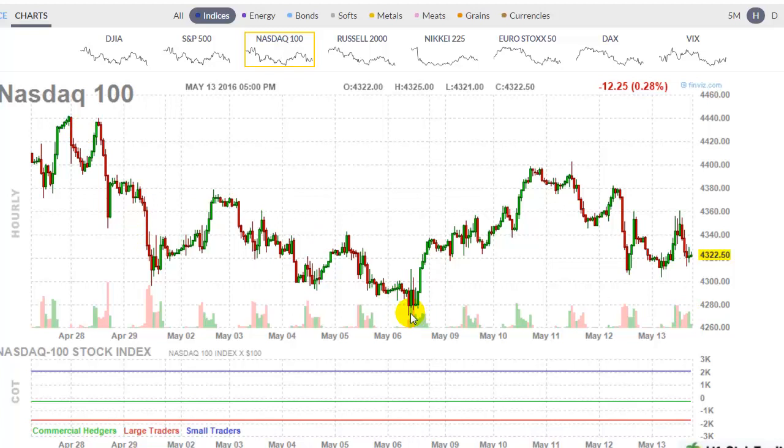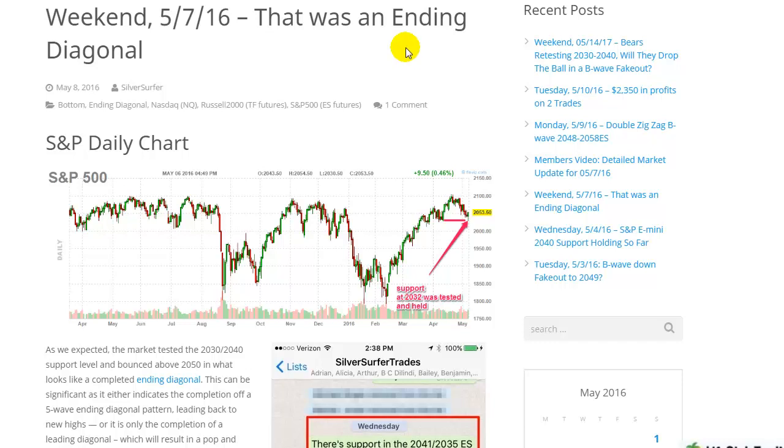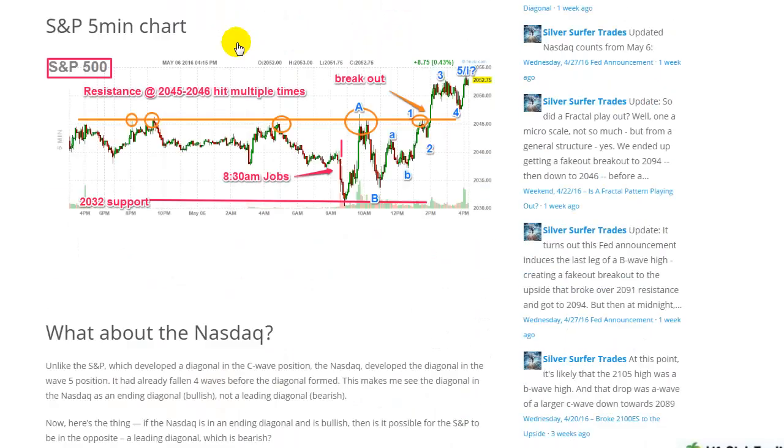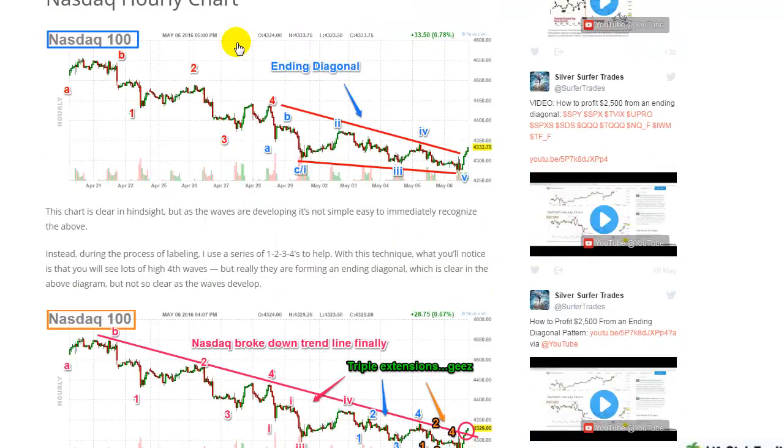It just seems like, because we said that this was an ending diagonal, the market will have a tough time getting below 4280 because we had a 1, 2, 3, 4. All right, so if you go to this May 7th post, and you look at the Nasdaq, we had an A, B, 1, 2, 3, 4, and then a 1, 2, 3, 4, 5.